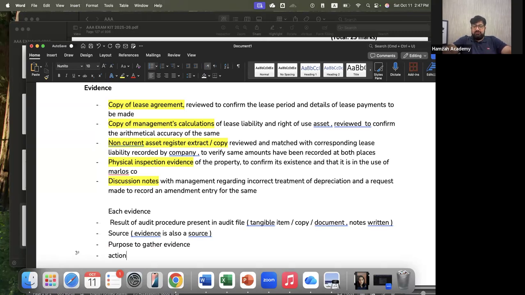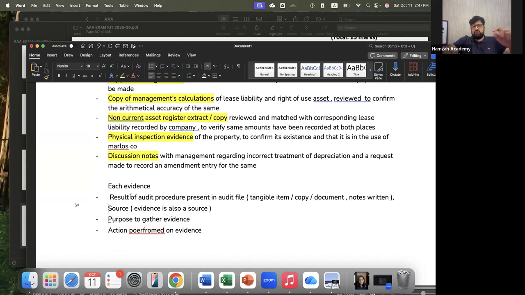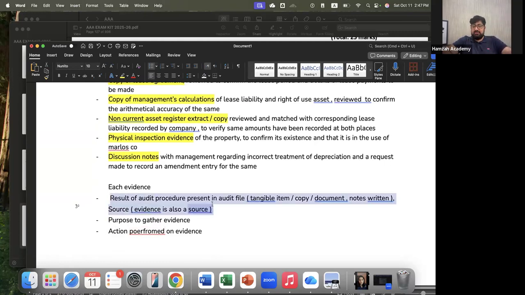Then the action performed on the evidence. So the result of procedure is what is called evidence.